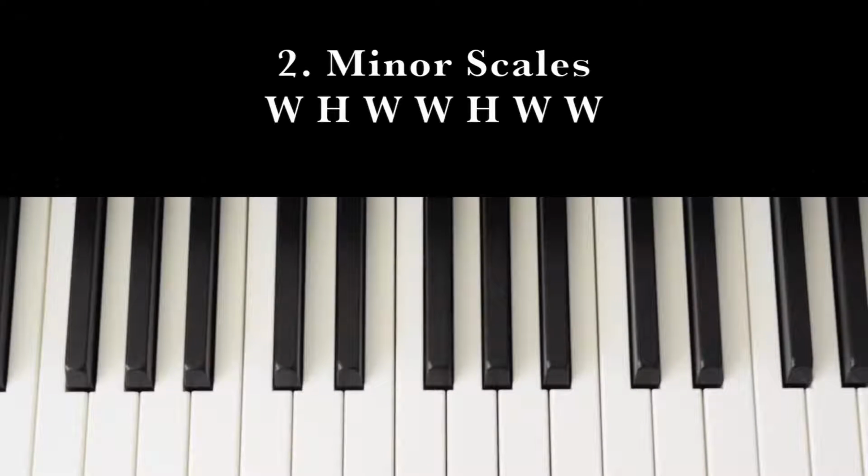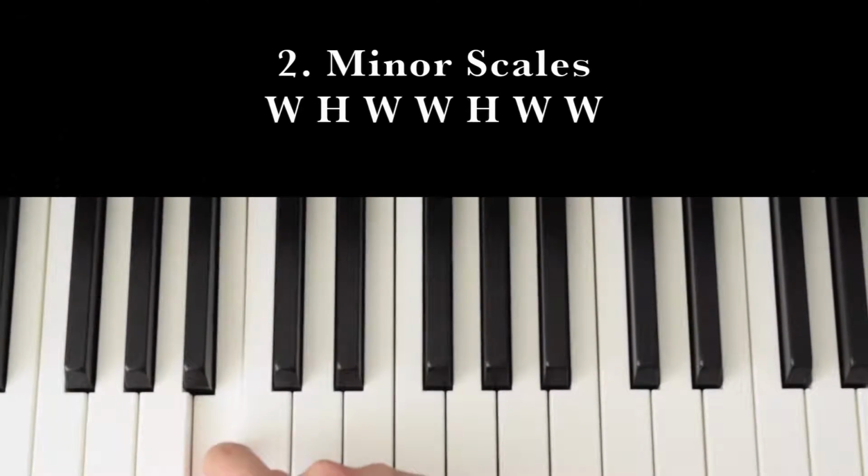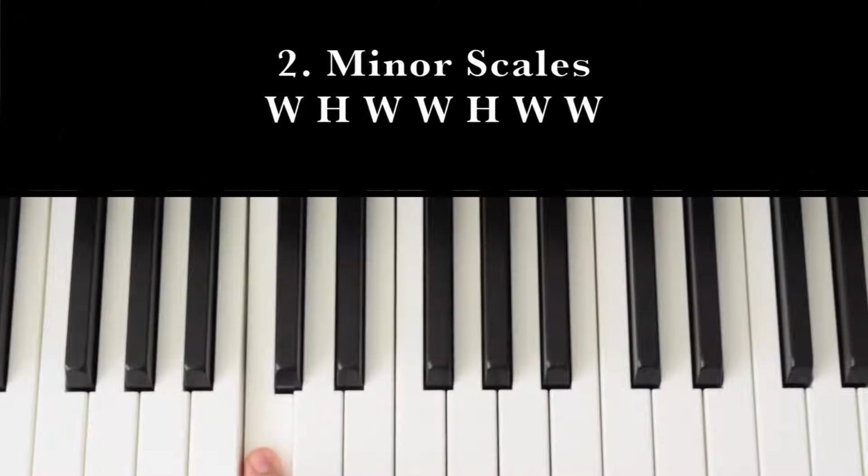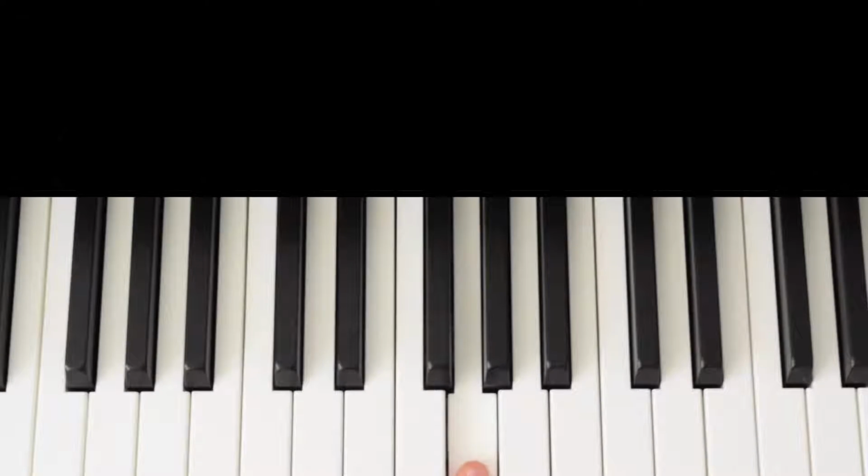For every minor scale, the formula is whole, half, whole, whole, half, whole, whole. Major scales and natural minor scales are the most common in chords. However, if you're curious about the other two formulas, here they are.